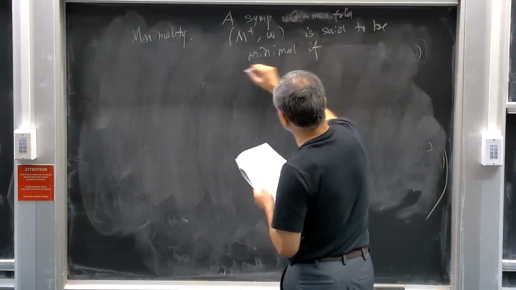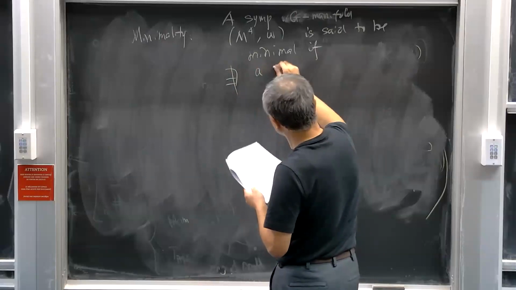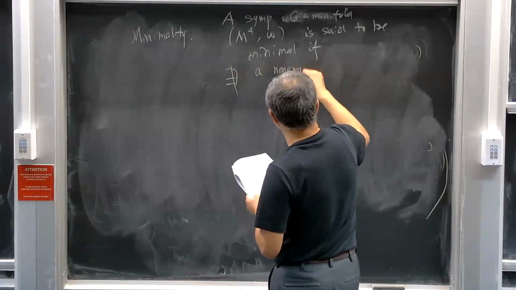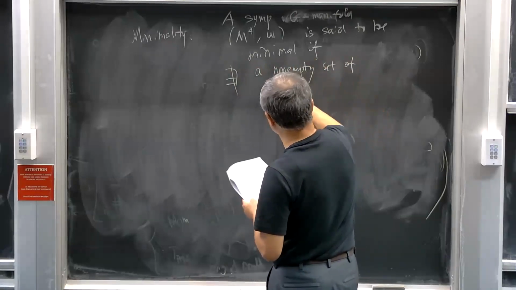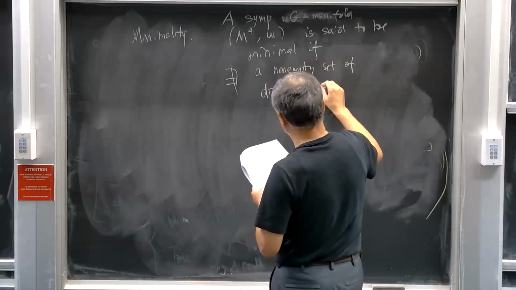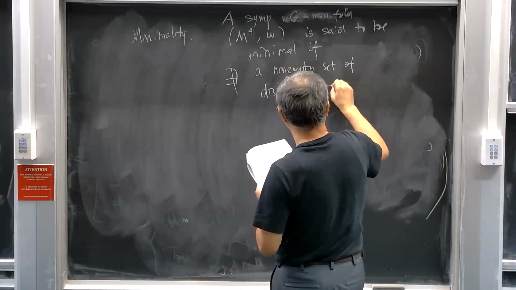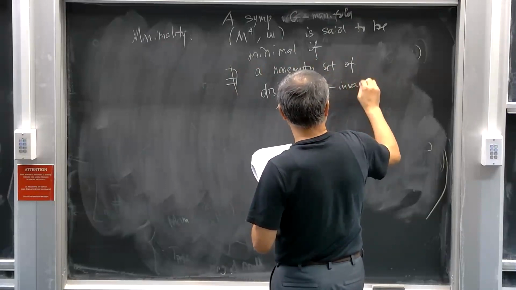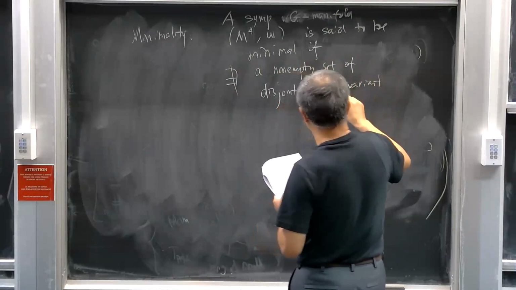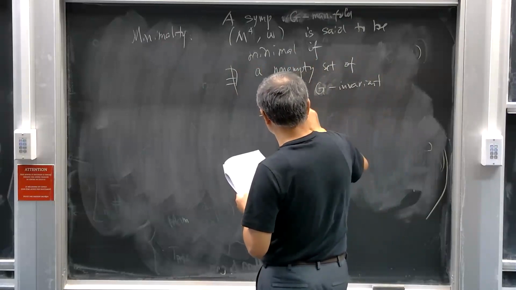if there isn't any non-empty set of disjoint G-invariant symplectic -1 spheres.